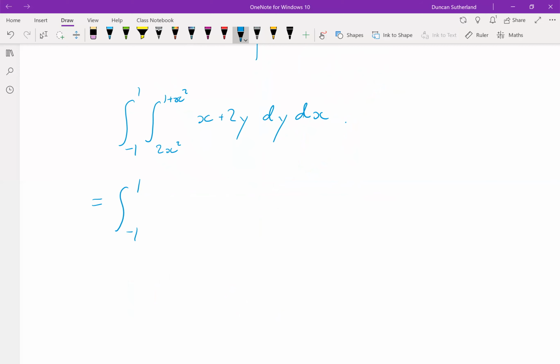Remember that x is a constant, so we get that. We're going to get y squared on half times 2, so that factor's going to cancel out. The only difficulty here is going to be keeping track of all those squared terms, right? Because we're going to have to expand this out.